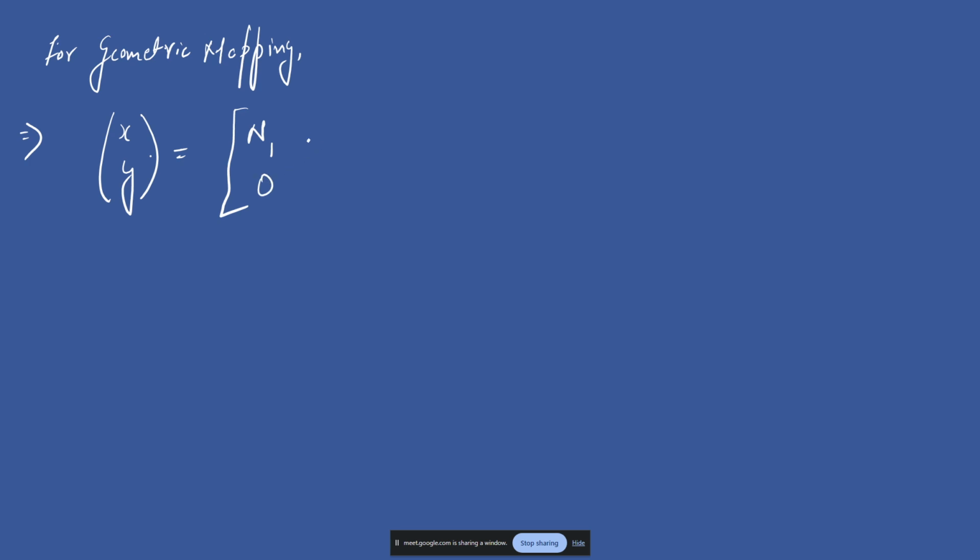So 0, 0, then you have N1, N2, 0, 0, N2, 0.